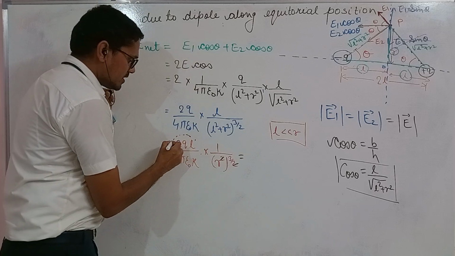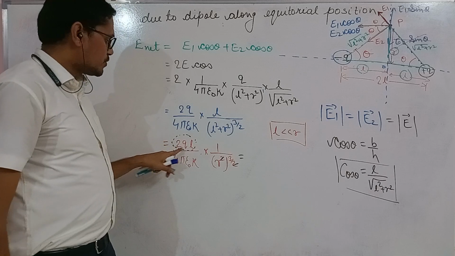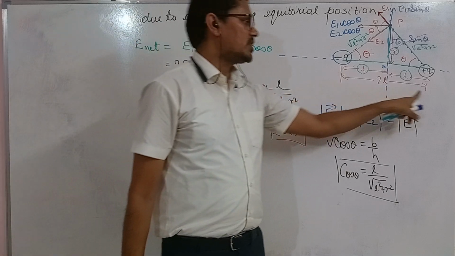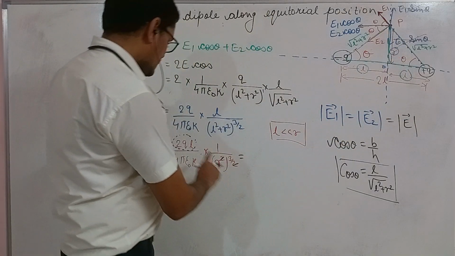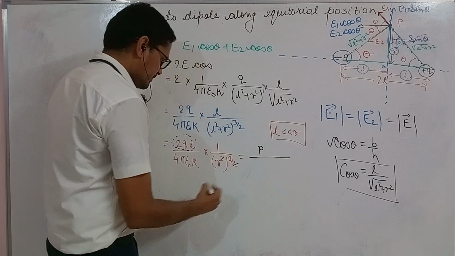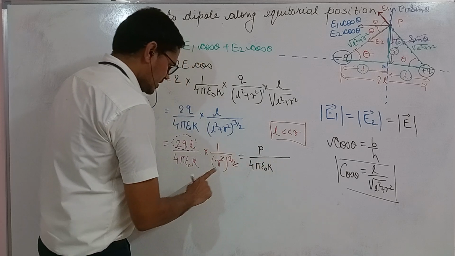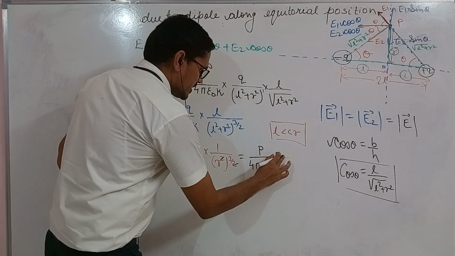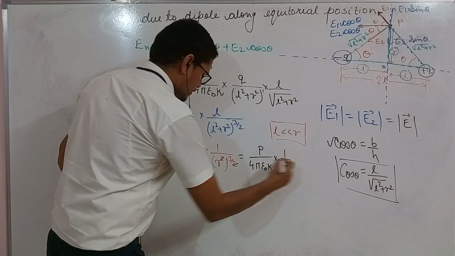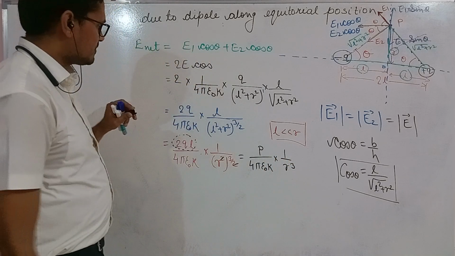This equals the dipole moment, where Q is the charge and 2L is the distance between these two charged particles. So I am replacing this 2QL with P. P over 4 pi epsilon naught K multiplied by 1 over r cube. This is the final expression we are getting.